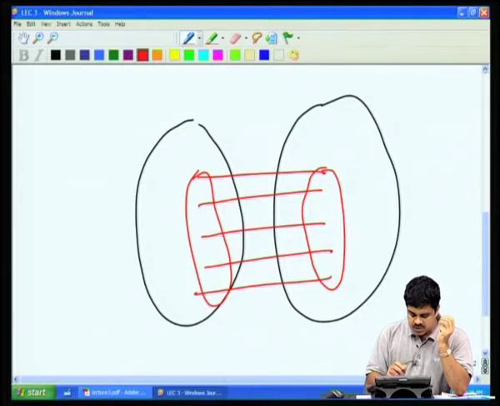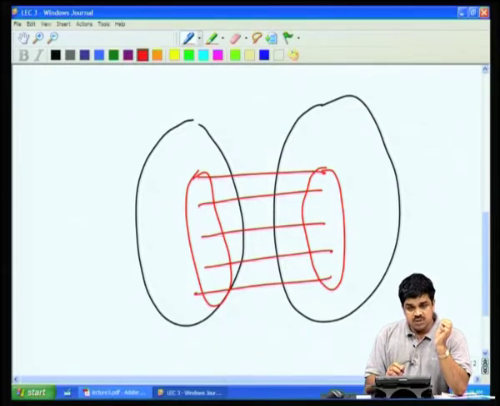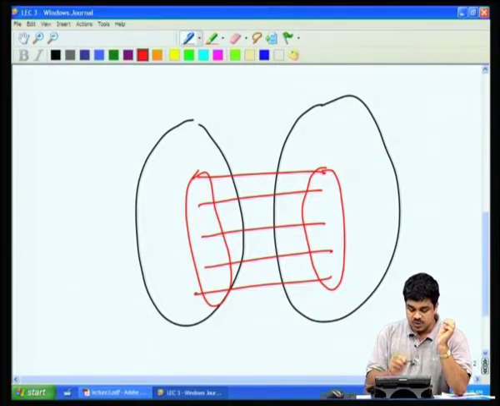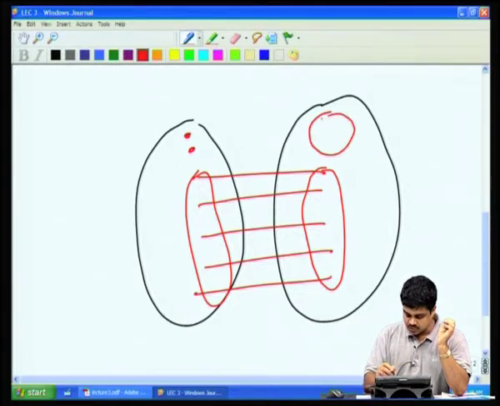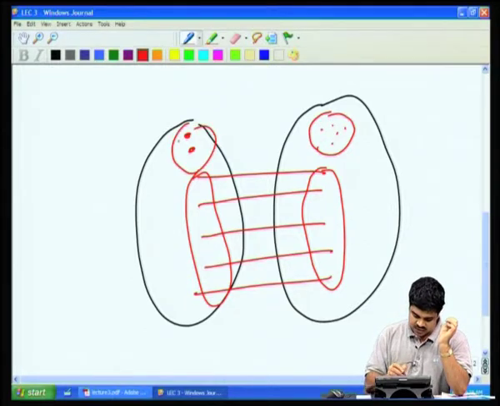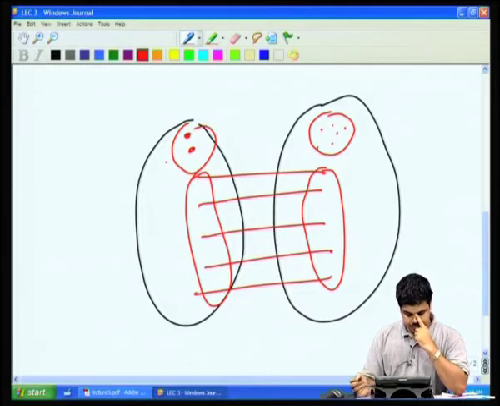Now, because we have assumed that the theorem is not true for this graph, that means Hall's condition is satisfied, still there is no matching which matches all the vertices of A, there should be some vertices here. There can be some vertices here also unmatched. These are the unmatched vertices on the A side.